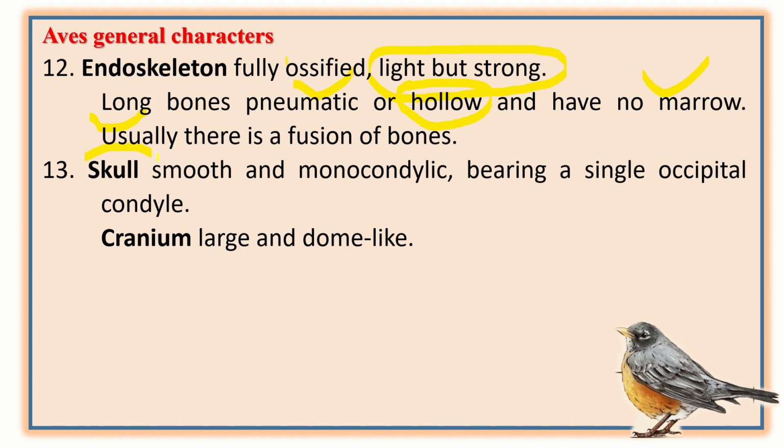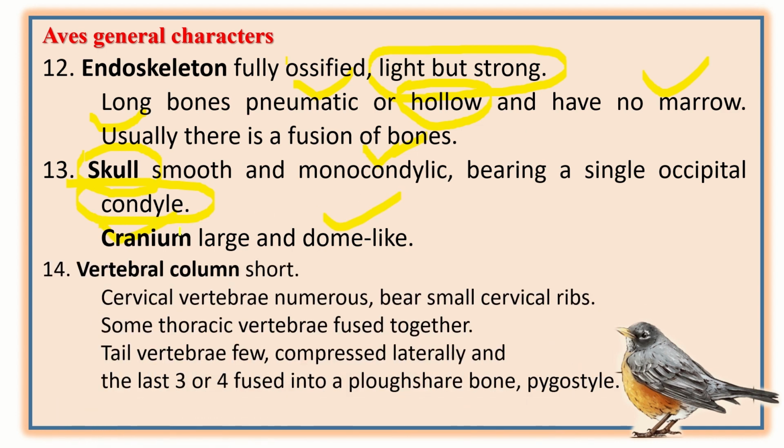Skull is smooth and monocondylic, bearing a single occipital condyle. Cranium is large and dome-like. Vertebral column is short. Cervical vertebrae are numerous and bear small cervical ribs.